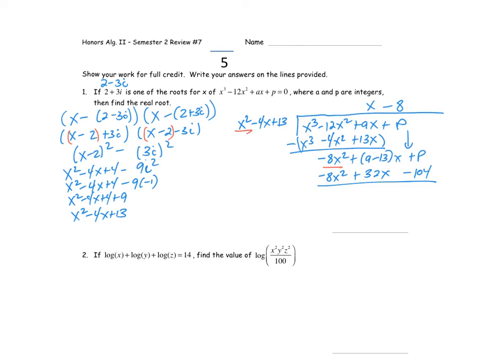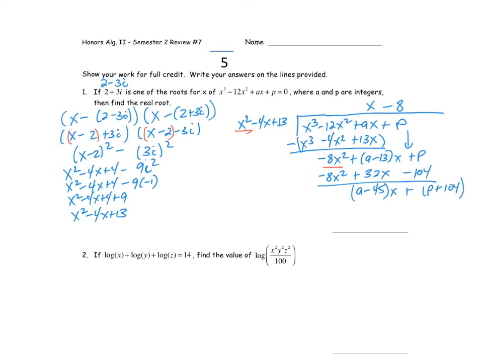And if we go ahead and subtract, we get negative 8x squared minus negative 8x squared is 0x squared. a minus 13x minus 32x is going to be a minus 45, that quantity, times x. And p minus negative 104 is going to be p plus 104.